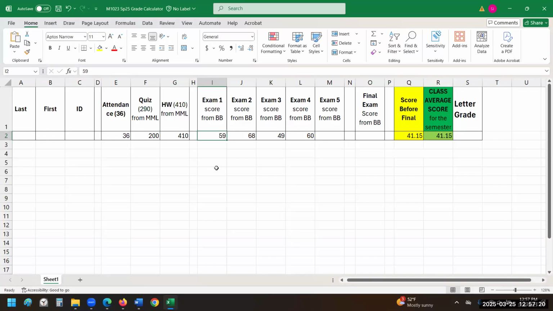And let's say the exam scores are bad. For example, these are the exam scores, let's say 30, 49, 60, let's say got 50 here, and the final exam you have to have 50. See, this person still failed because the average came out to 57. The average has to be at least 60 to pass this class.